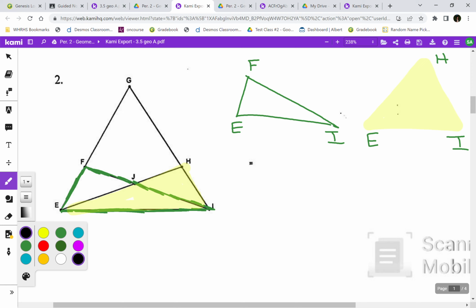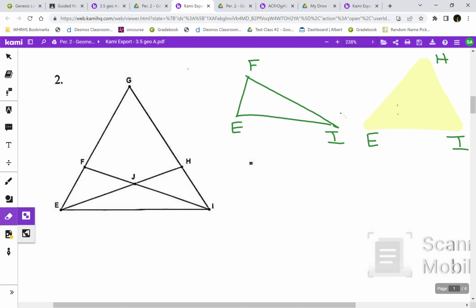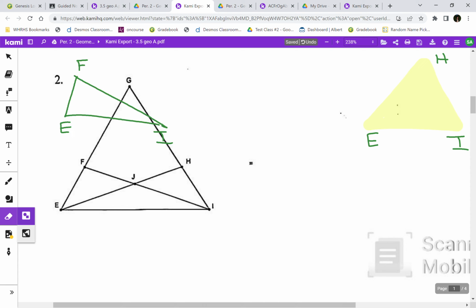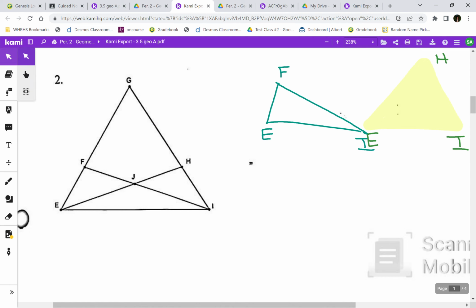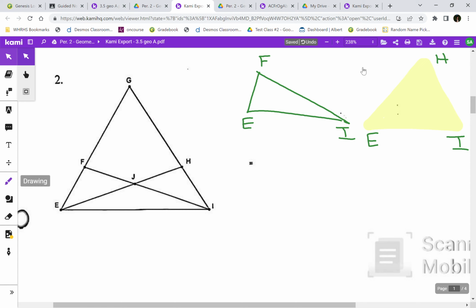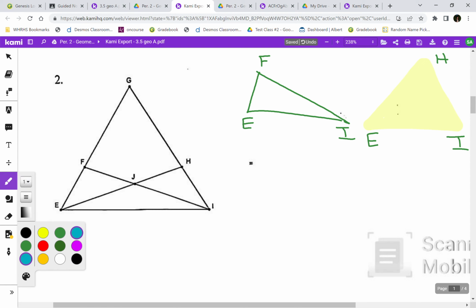Now I asked you to find 2 overlapping triangles that had a reflexive angle. Only 2 people? 3? Charlie? EHG and IFG. Perfect. So I'm going to outline it. So here's IFG.